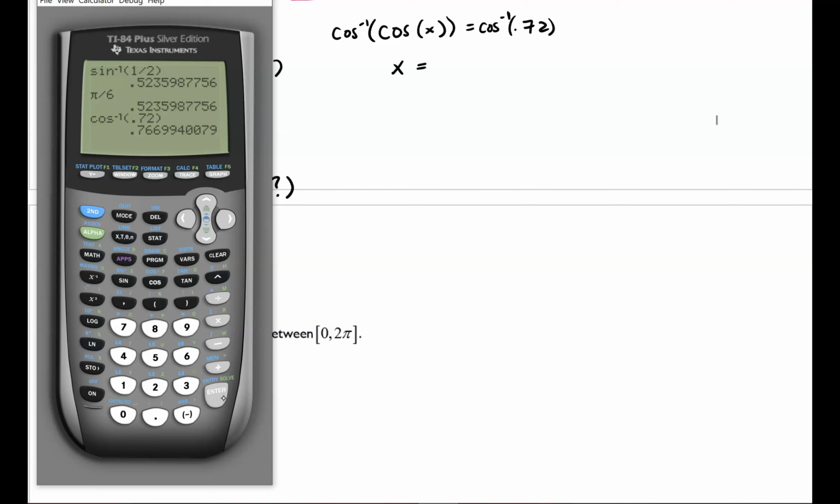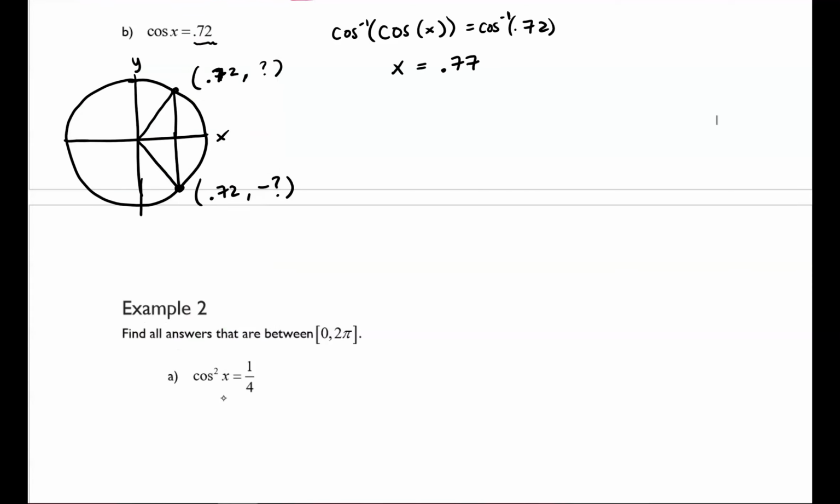I'm just going to round that to 2 decimal places, so 0.77. So what that tells us, and remember our x value is an angle in radians, is this angle measure here is 0.77.